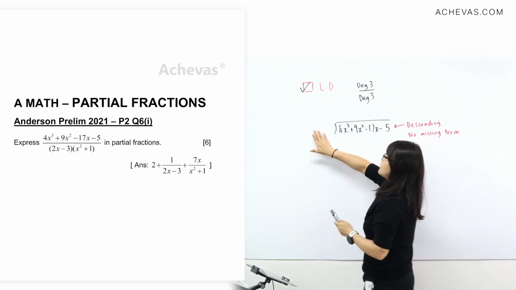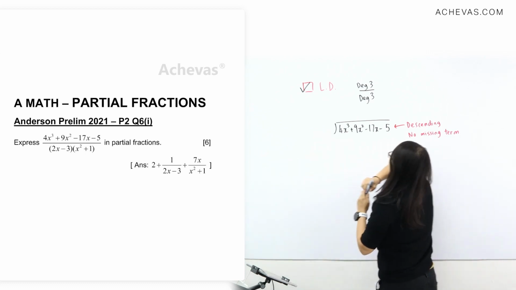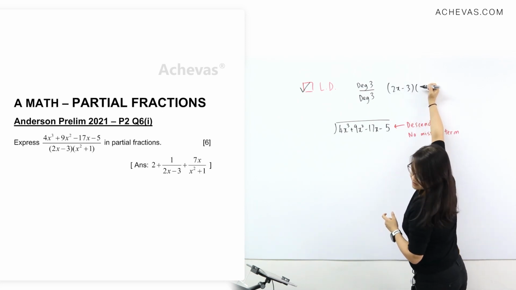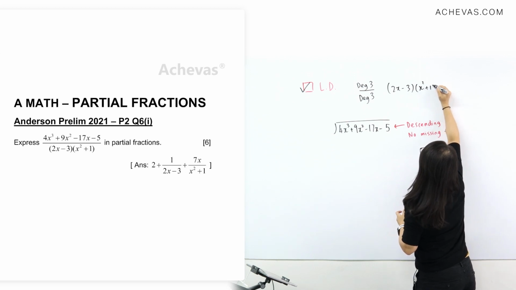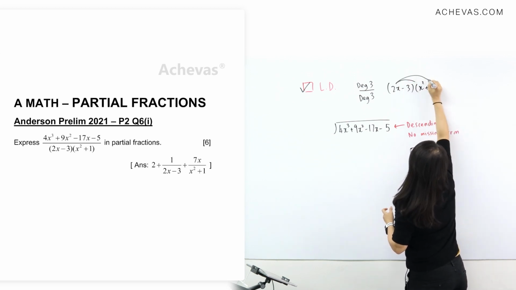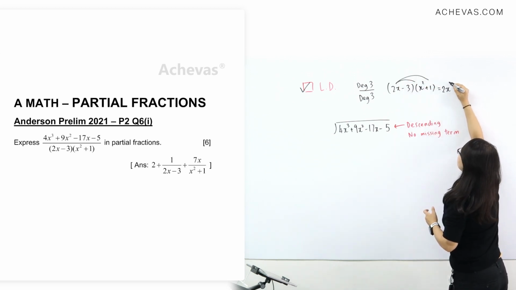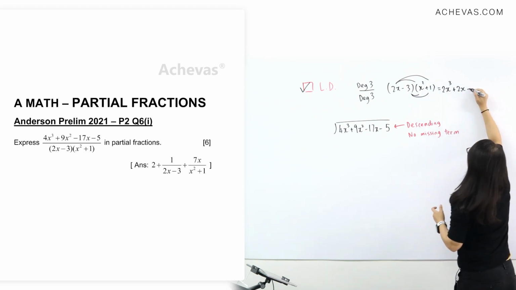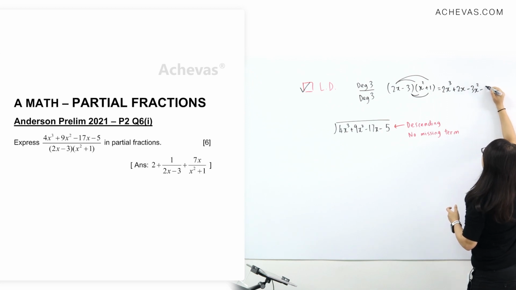If not, we are going to insert the term so that it's easier for us to do a long division. Next, let's look at the divisor over here. So I'm going to expand 2x minus 3 and x squared plus 1. Let's multiply this out. I'll have 2x power 3 plus 2x, and this one here, minus 3x squared minus 3.